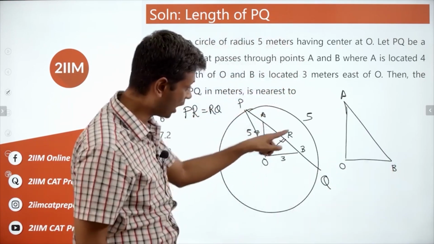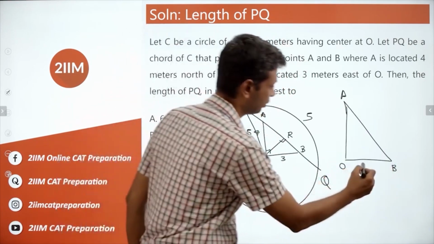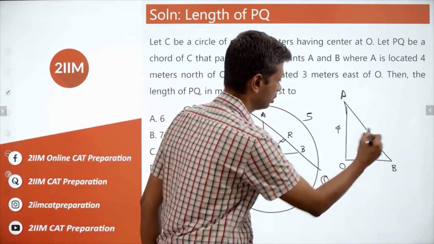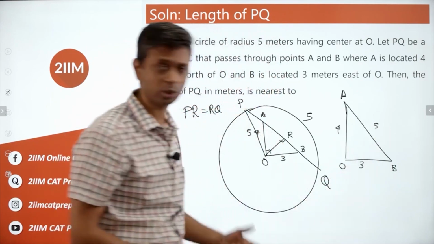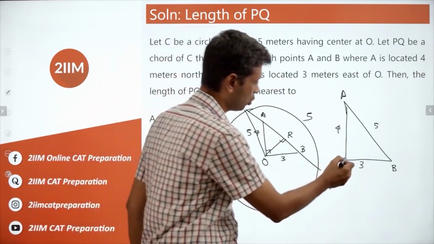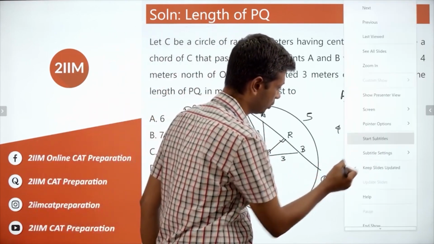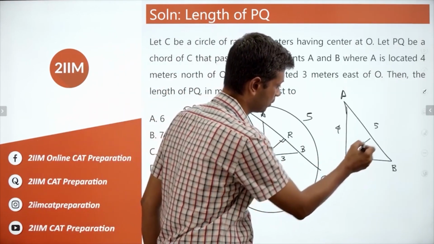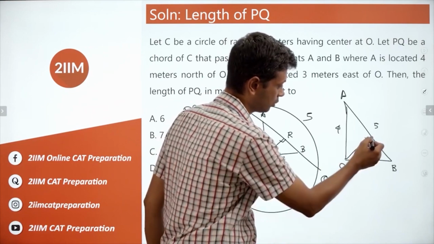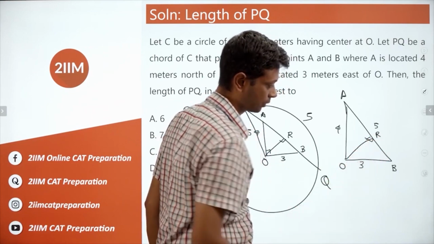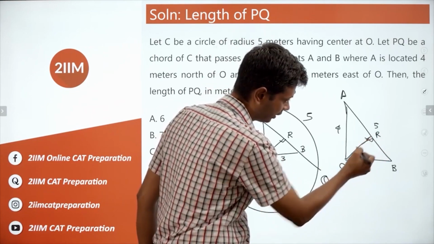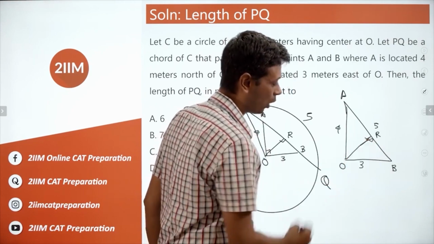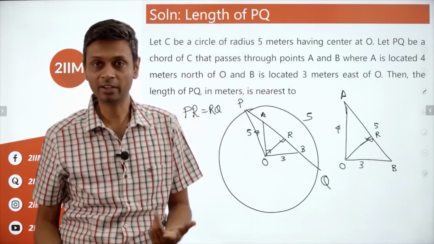We want to find OR in this. Right? So this is 3, this is 4, this is 5. 3, 4, 5 Pythagorean triplet. From O, the perpendicular line here. This is OR. Right? Imagine this to be 90 degrees, a straight line. So this is OR. Half into base into height is area.